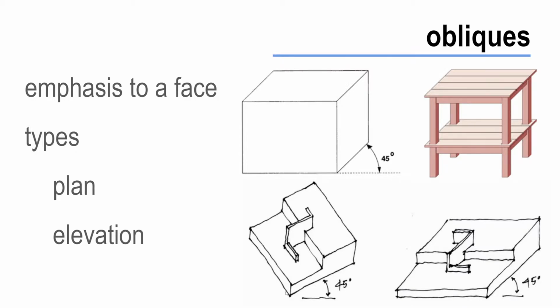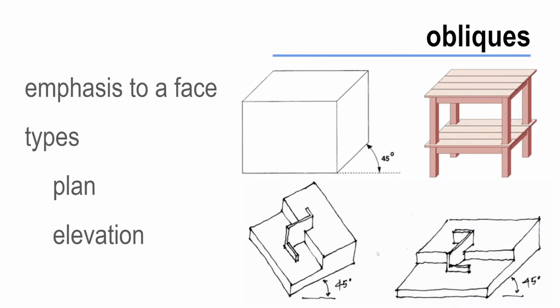So with a plan oblique, you have that top view consisting of 90-degree angles. It is, however, kind of oriented on that tilt, which I think throws some students off. And then with the elevation oblique, it's at that 90-degree angle in the front.